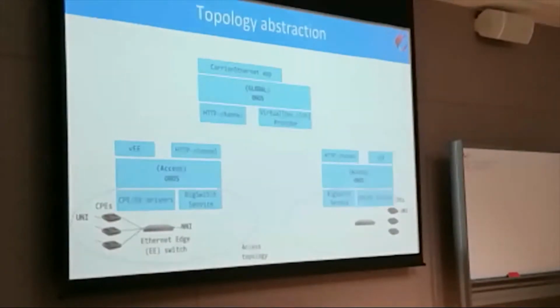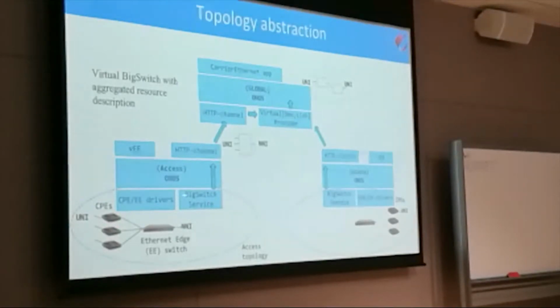Now, the topology abstraction: this is a more detailed, even if still high level, view of the software components. If you want more details, you can find the code on the open code repository, or you can ask me later. So the topology abstraction is a bottom-up chain of calls.